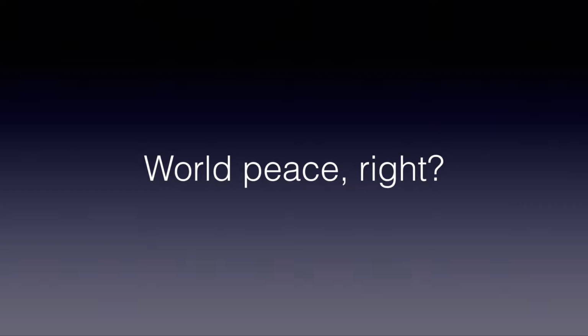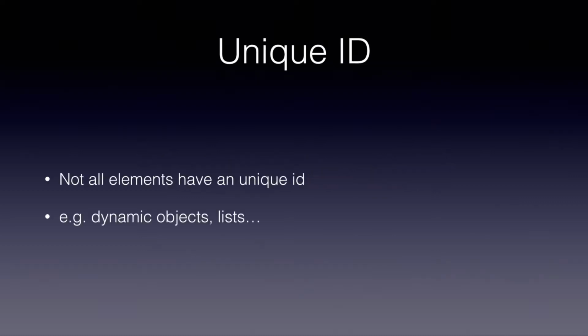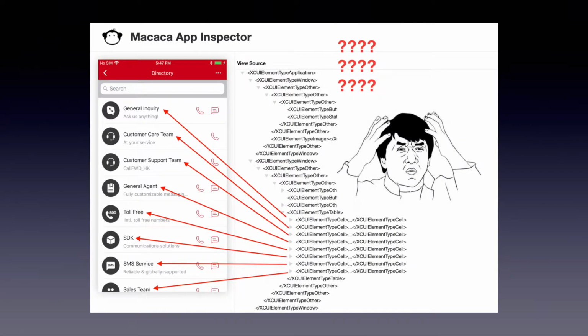Is that enough? No, because not all elements have a unique ID. For example, dynamic objects and dynamically generated lists. We don't have unique IDs for these elements.